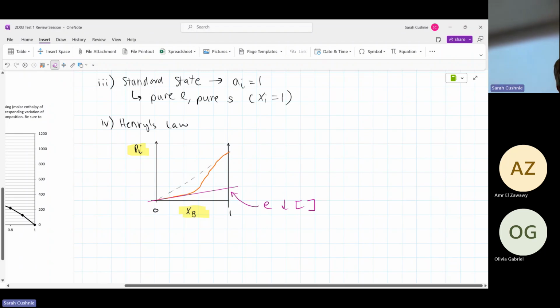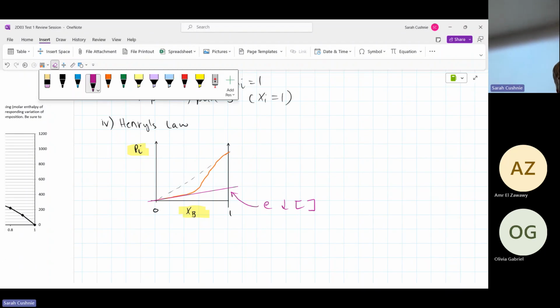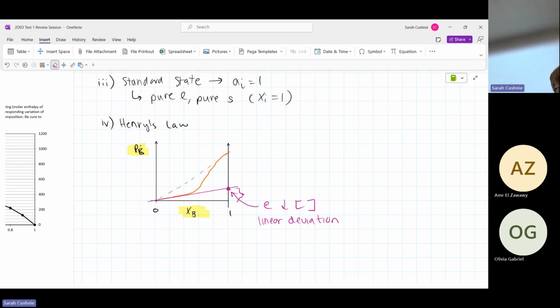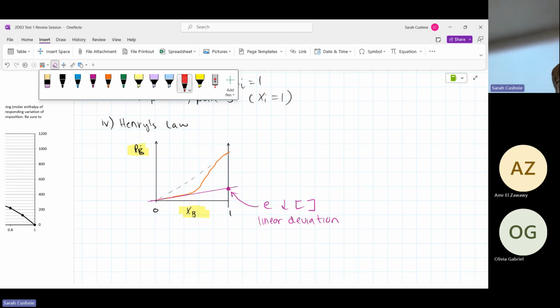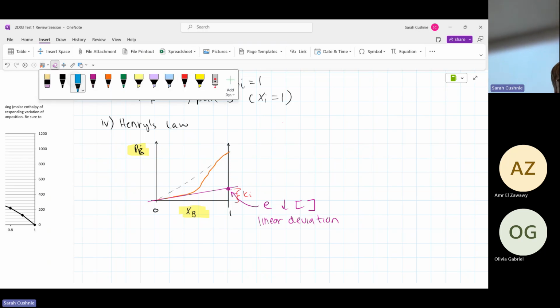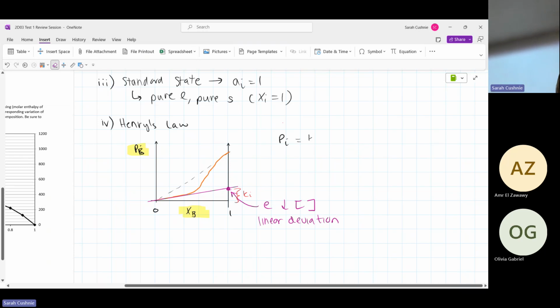So we're plotting P of B. At low concentrations, we have a linear region, and we can figure out what this intercept is. I'll do that in red, why not? This intercept here is going to be equal to Ki. Mathematically, Henry's law is that Pi is equal to Ki times Xi.